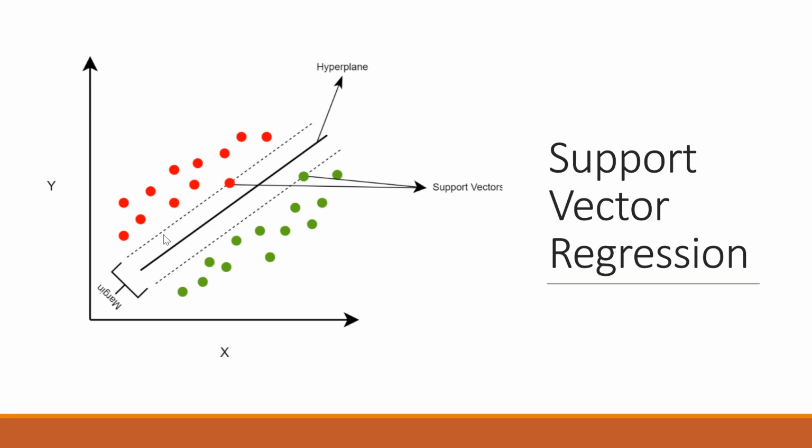Here the dotted lines represent the boundary lines, and these are the two lines positioned 2 units away from the hyperplane, and they are applied to establish a buffer between the data points. And after this you can see support vectors. Support vectors are represented using the extreme data points in the dataset that aid in creating the hyperplane. Support vectors are the data points which are closest to the hyperplane. So I hope with this the idea of support vector regression is clear to you.